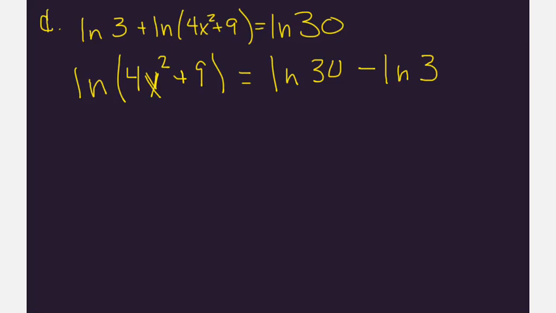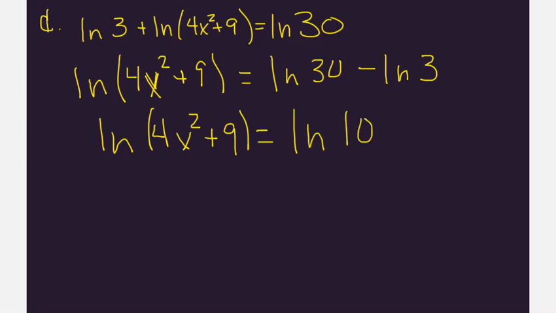Now, why would I do that? Because if I subtract logs, what kind of operation does that change into? It's division, and 30 divided by 3 is nice. That's 10. So we can say the natural log of 4x squared plus 9 equals the natural log of 10.